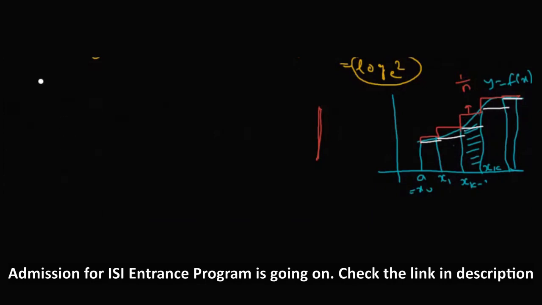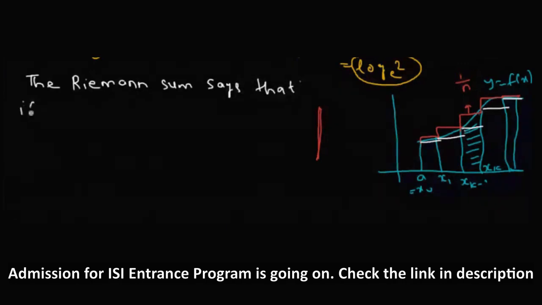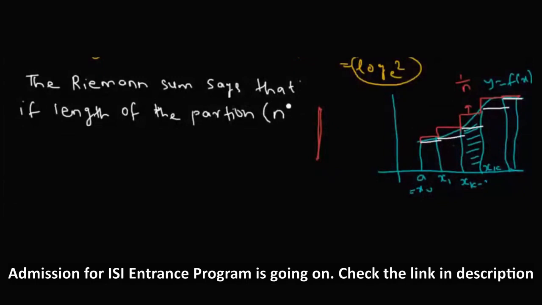So the Riemann sum says that the length of the partition, and what is the number of partitions? This is n, right?